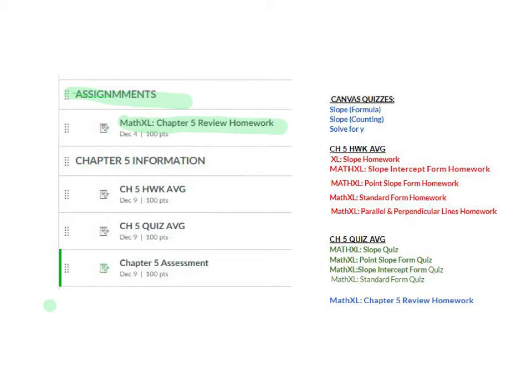And if you look at that, there's one difference that you're looking at in your module, that the due date there is December 9th. Notice that the due date for all of the Chapter 5 things are December 9th. So let's talk about Chapter 5 altogether, okay? Our big due date for that is December 9th.